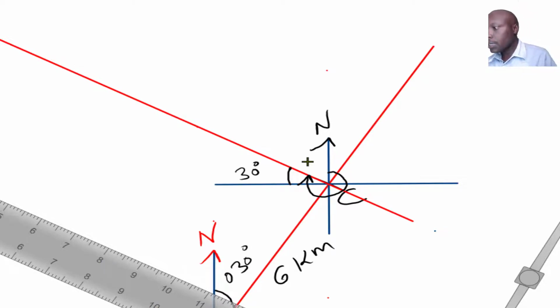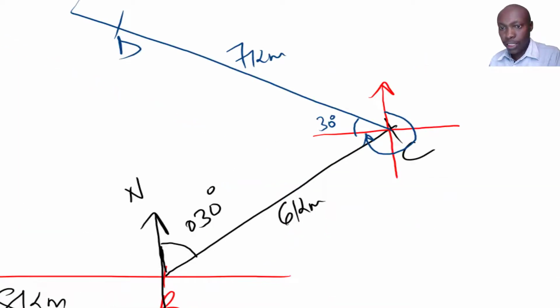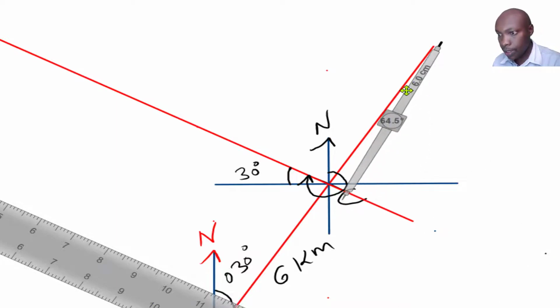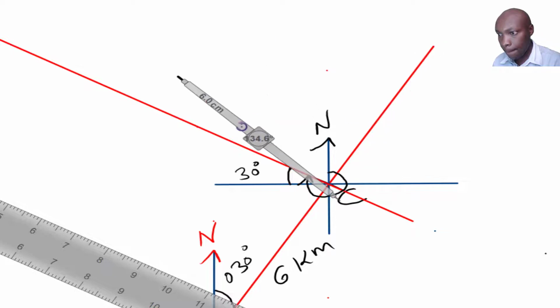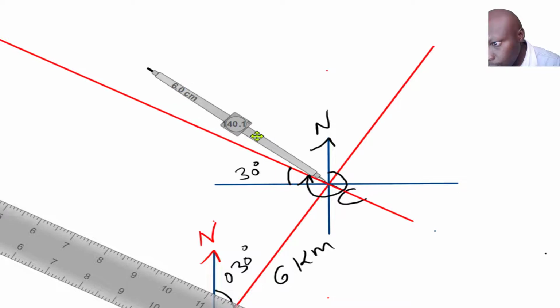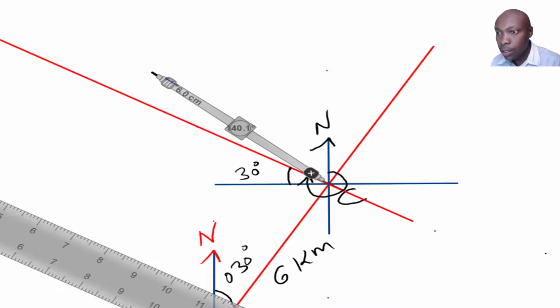The distance as indicated here is 7 kilometers. That should be 7 kilometers. So we take our pair of compasses that will help us. We stand at that point, and then 7 kilometers will be 7 centimeters.